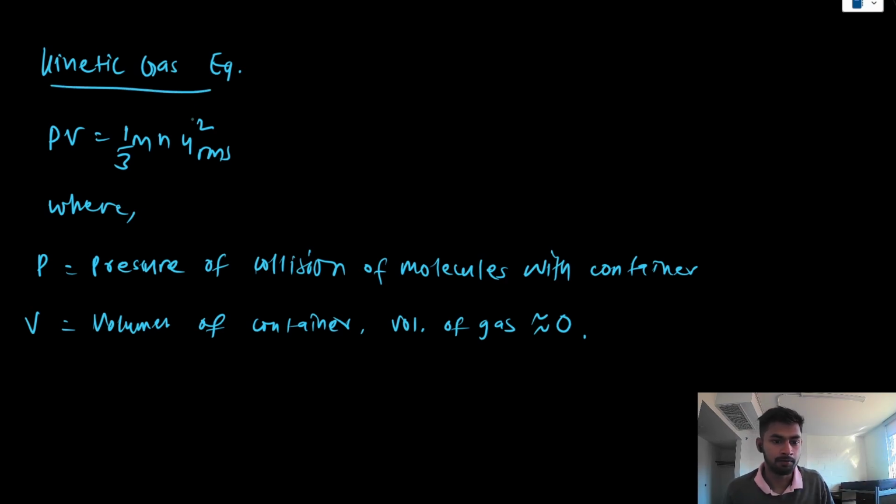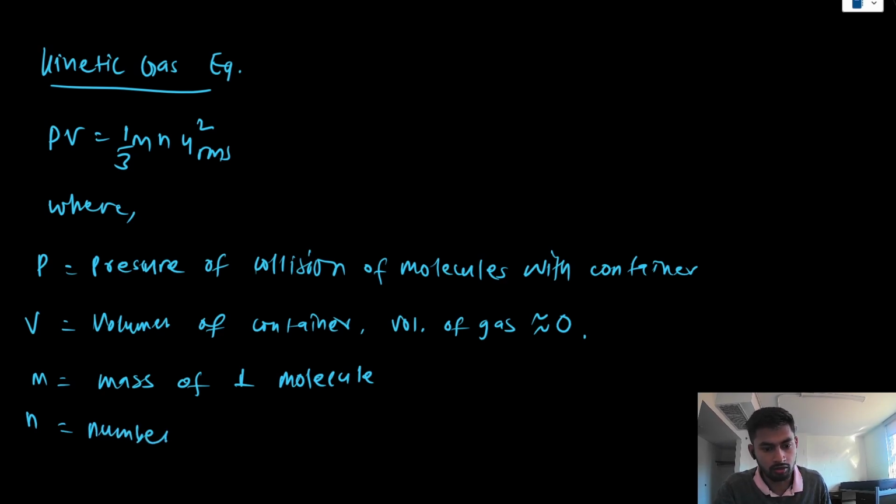Then volume of container in our numericals and pressure of collision. M is obviously mass of one molecule, N is number of molecules, and URMS would be root mean square velocity of all the molecules that is present inside the container.